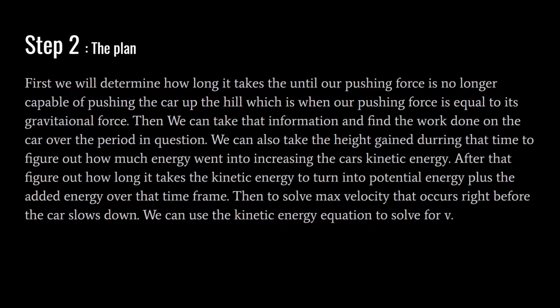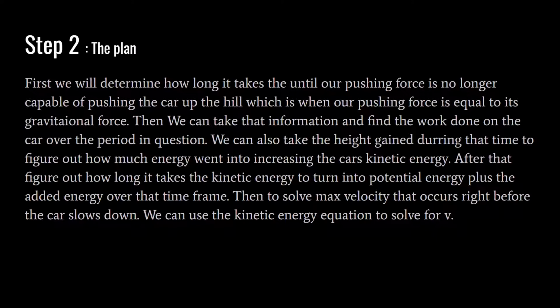The plan, step 2. First, we will determine how long it takes until our pushing force is no longer capable of pushing the car up the hill, which is when our pushing force is equal to the gravitational force. Then, we can take that information to find the work done on the car over the period in question.